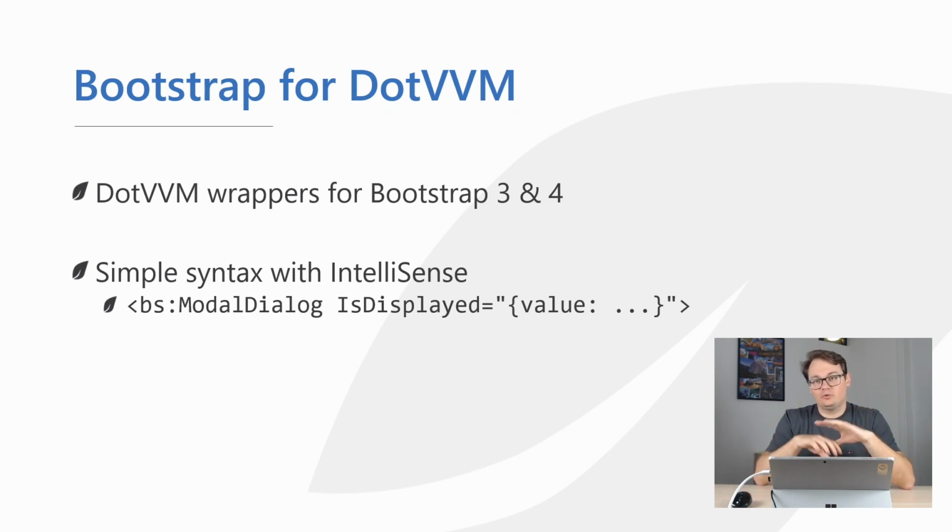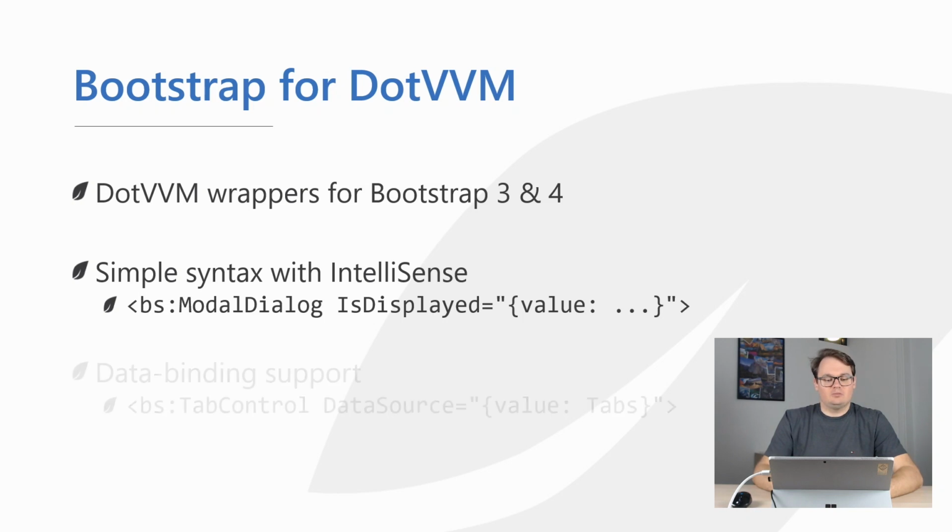So there are a lot of tweaks like that. So it's not only about wrapping and generating Bootstrap HTML. There is also quite a large piece of JavaScript functionality which we have added in order to make the experience even more natural and smooth.